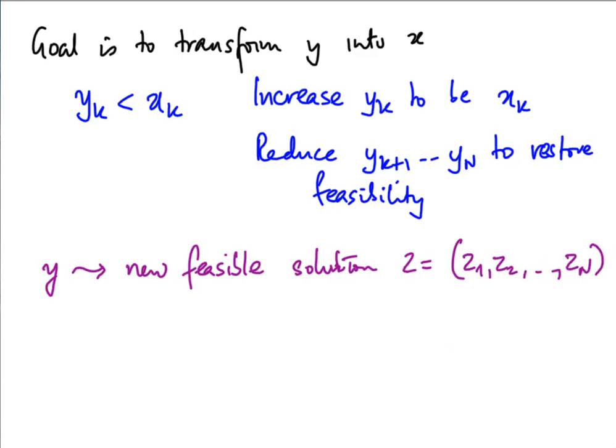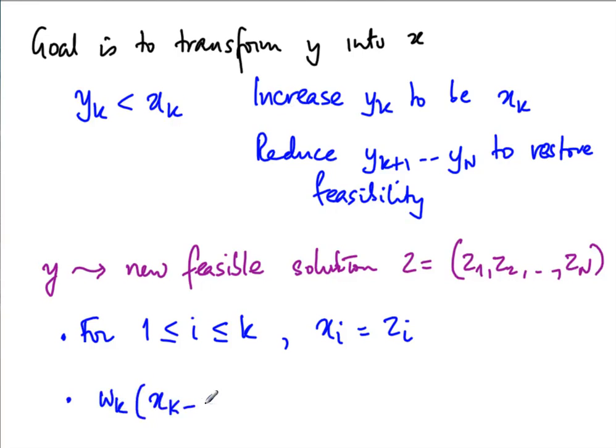So what do we know about this z? Well, we know two things. For every i up to k, xi and zi agree, because zi is the same as yi up to k minus 1, and yk was explicitly made to be the same as xk. So zi and xi agree up to k. And what happens after k? After k we did this compensation. We increased the weight by wk times xk minus yk.